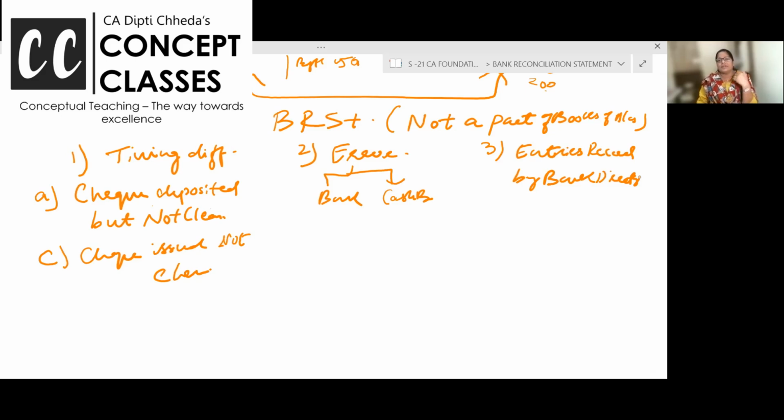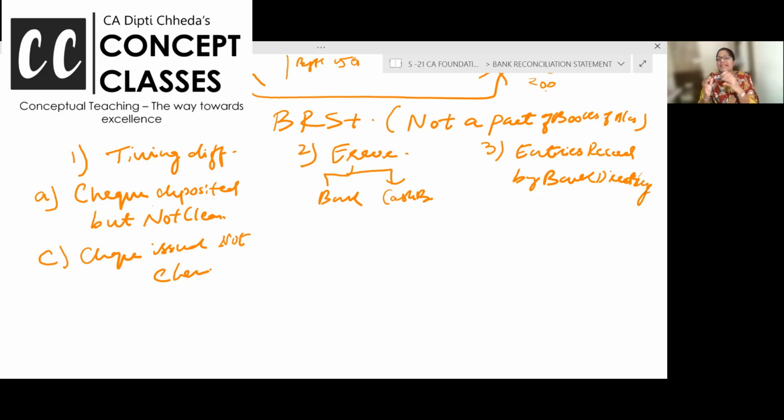So entries recorded by the bank directly. If the bank pays the electricity bill on say 29th March, and I get the statement on 4th of April, the bank has paid the electricity bill. Now I should record electricity expense debit, bank credit.